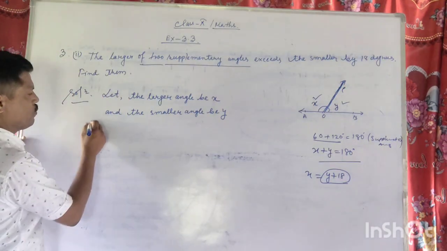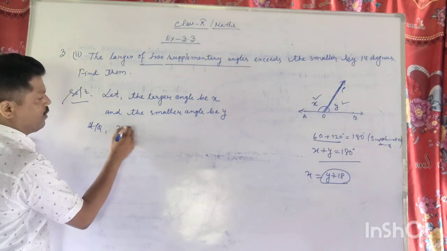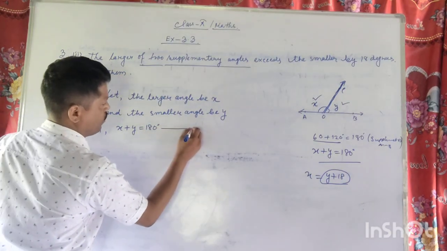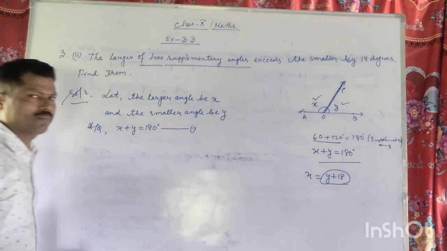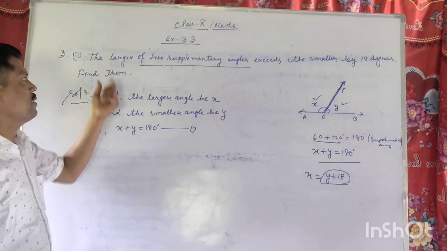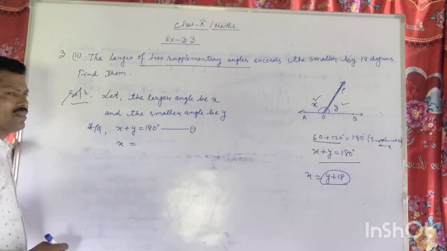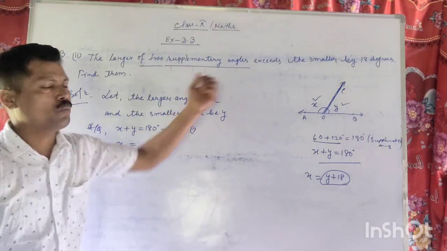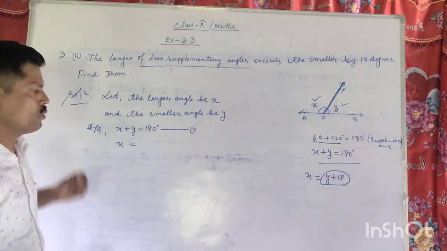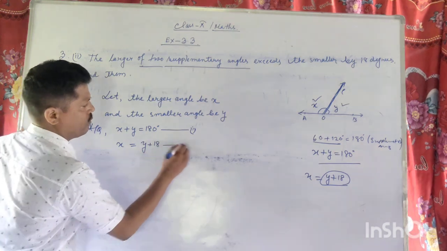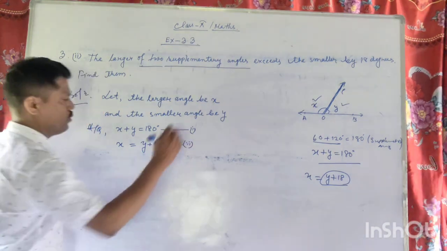So according to the question, X plus Y is equal to 180 degrees, equation 1. In another condition, the larger angle X exceeds the smaller by 18 degrees, so X is equal to Y plus 18 degrees, equation number 2.